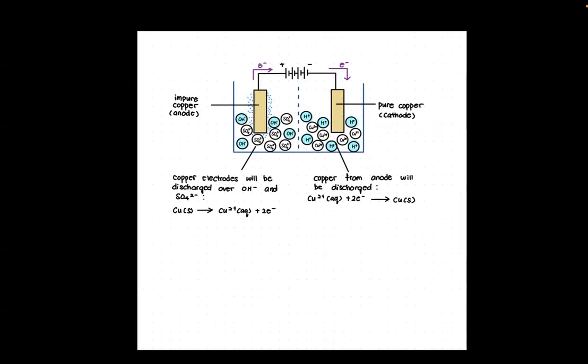So it's going to take up your electrons from this side and form pure copper. You can see that this side is going to build up pure copper, whereas this side is going to dissolve.